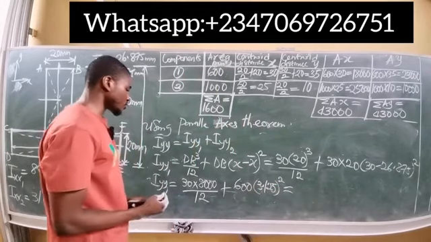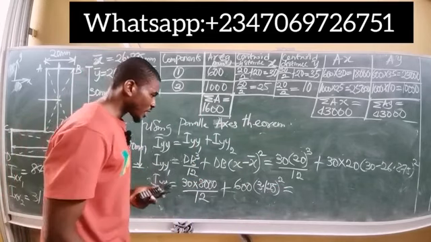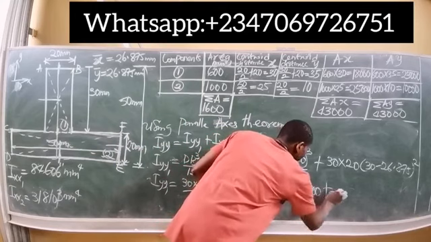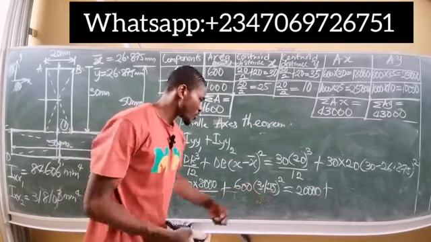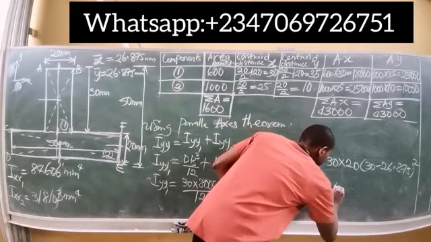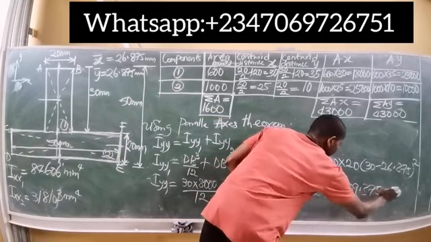So 30 by 8,000 divided by 12 gives us 20,000, plus 600 multiplied by 3.125 squared gives us 5,859.375.